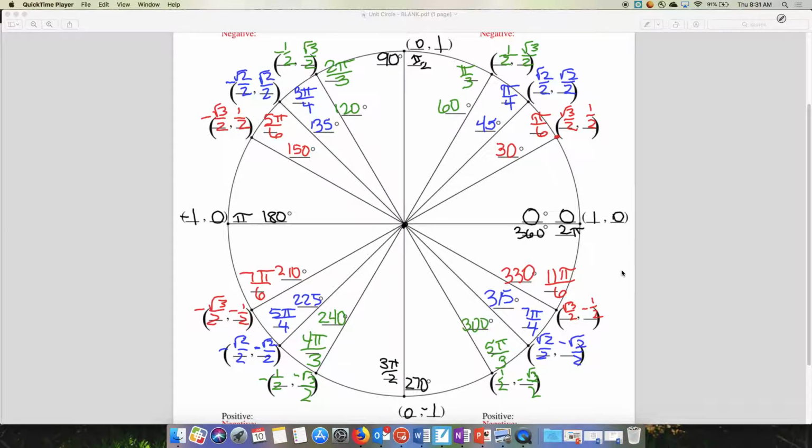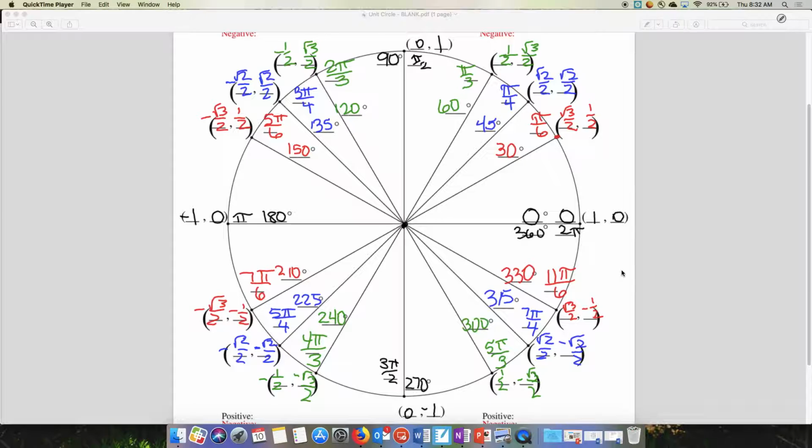Okay, so let's look at the patterns. Do you see how the first quadrant is a mirror of the second quadrant, and the second quadrant is a mirror of the third quadrant, and the third quadrant is a mirror? You see how those are all reflected, at least with the colors, right? All of the red angles have the same x, y value, except the negatives and positives change. All of the blue angles have the same x and y, but the negatives change.